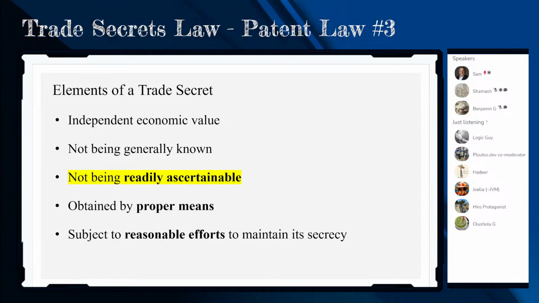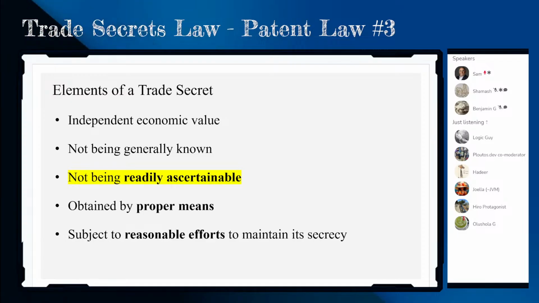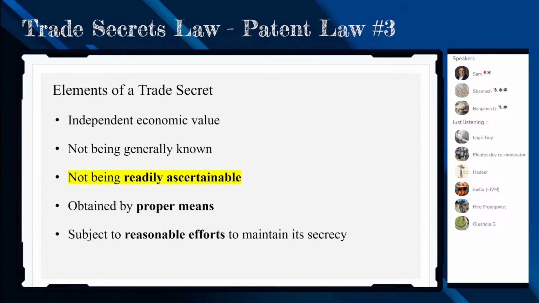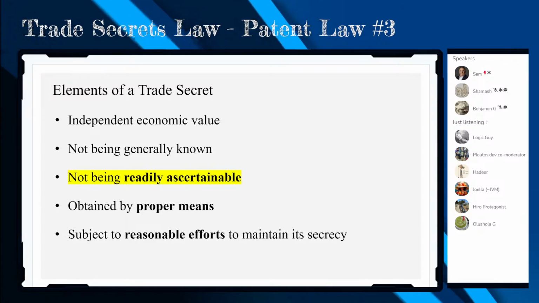So the last three elements of trade secret law are where all the litigation happens, and that's where all the arguments are. And when you look at them, you can see why. What does it mean to be readily ascertainable? How readily ascertainable should something be under trade secret law?